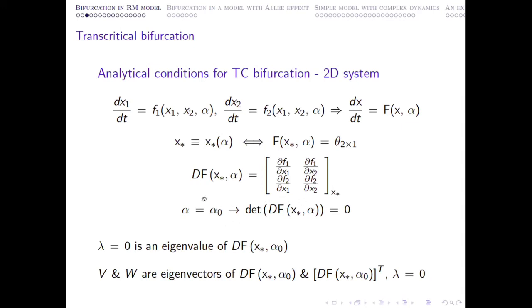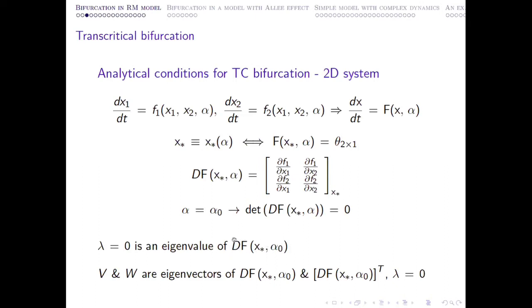Alternatively, we can say by solving the equation determinant of this quantity equal to 0, we can find out the threshold magnitude alpha 0. And once your determinant is 0 at alpha equal to alpha 0, this clearly indicates lambda equal to 0 is an eigenvalue of this particular matrix.